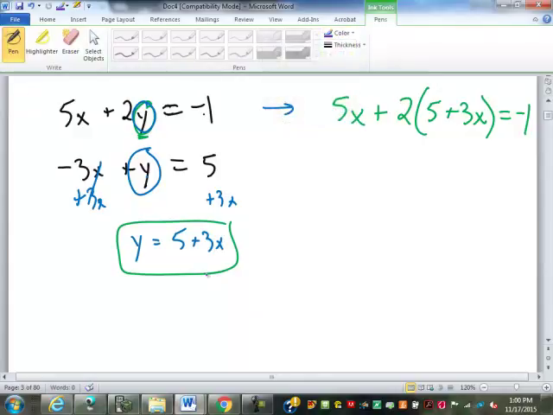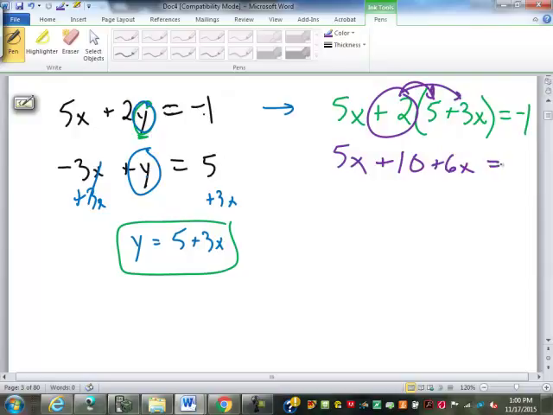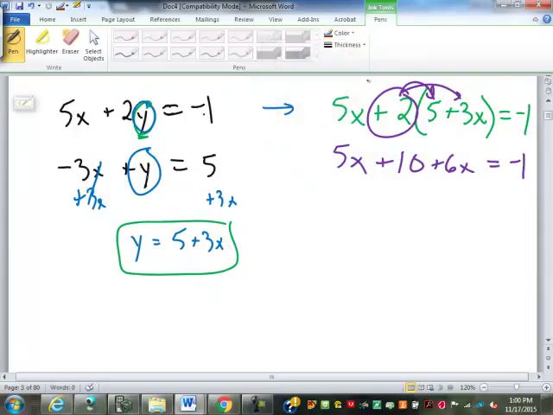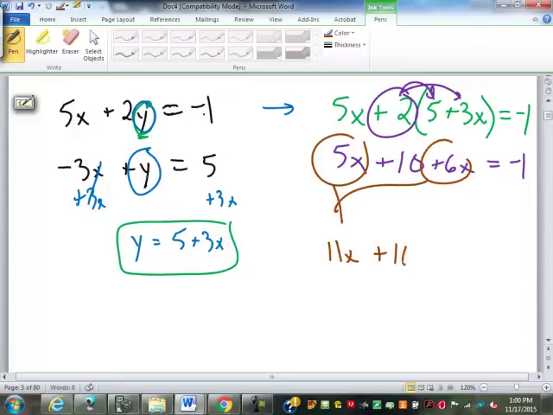Now what do we do? We'll keep the 5x and we're going to multiply through the parentheses by 2. 2 times 5 is positive 10. 2 times 3x is 6x. Now what? 5x and 6x make 11x plus 10 equals negative 1.